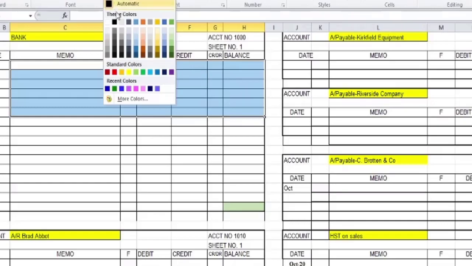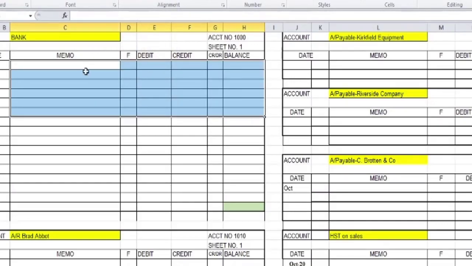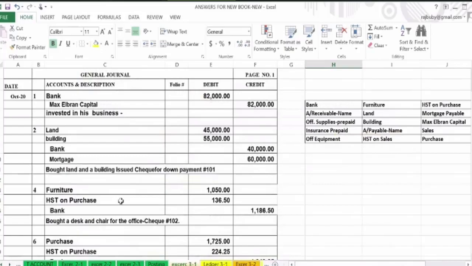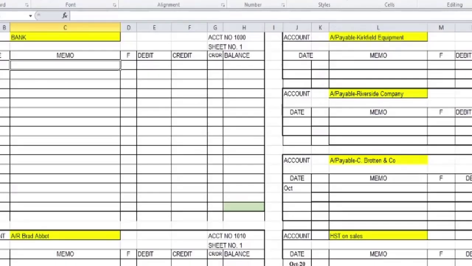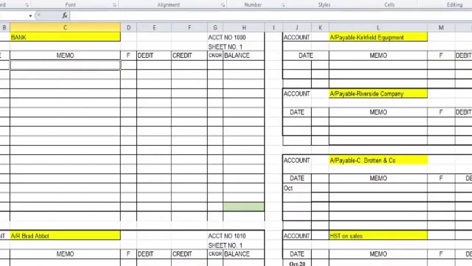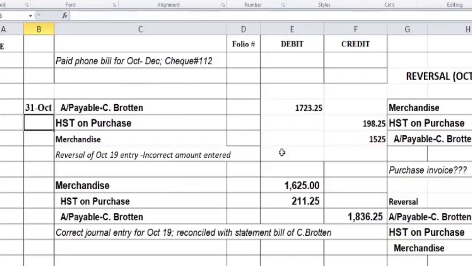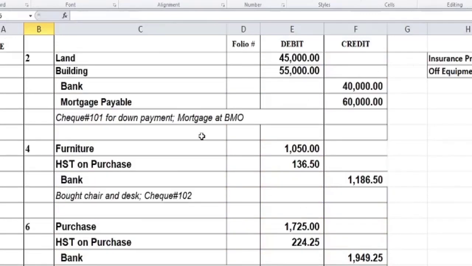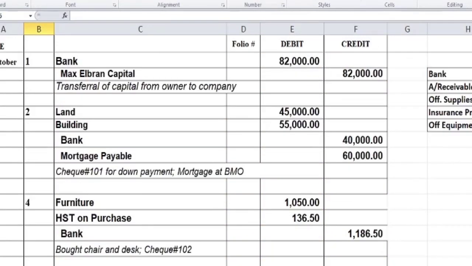The first one is bank and capital, and also this is the explanation. This is going to the ledger 1. See, this is the explanation. First you have to record your year, then date, then the explanation, and then this is the folio number or reference number.